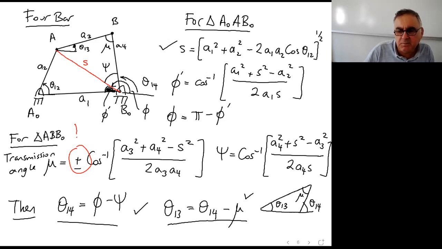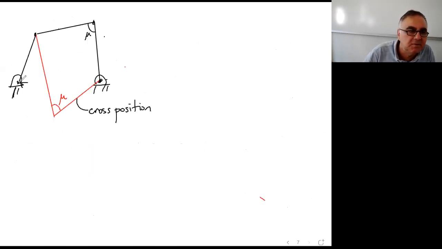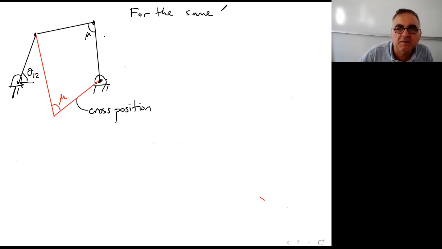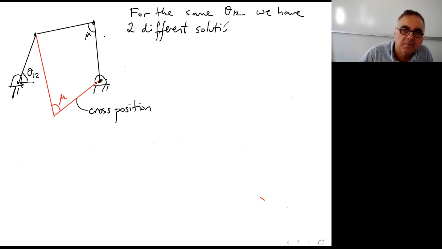For the same theta 1,2, that is, for the same crank angle, theta 1,2, we have two different solutions.